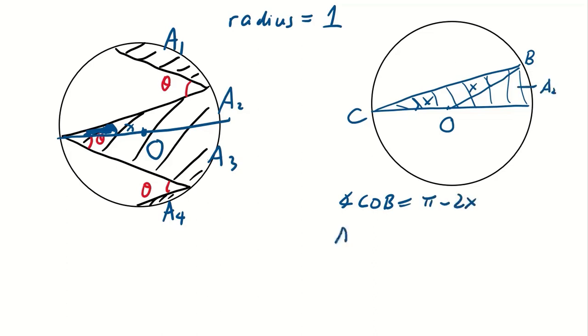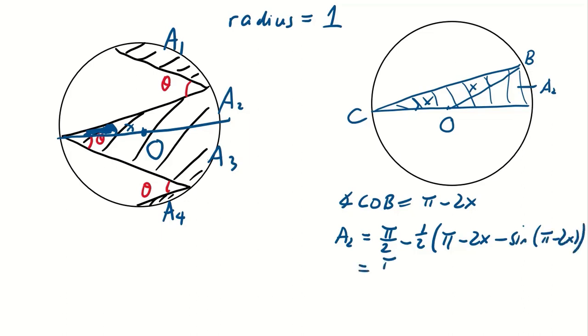The area A2 equals half of the circle, which is pi r squared over 2, minus the segment OCB, which equals half theta minus sine theta. Theta in this case is pi minus 2x, minus sine theta. So it equals pi over 2 minus half of pi minus 2x minus sine 2x.